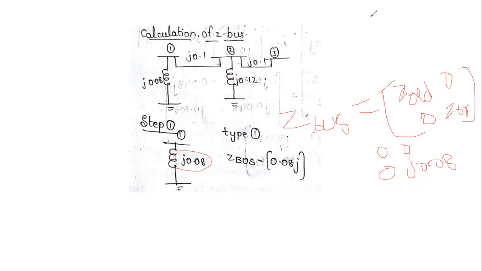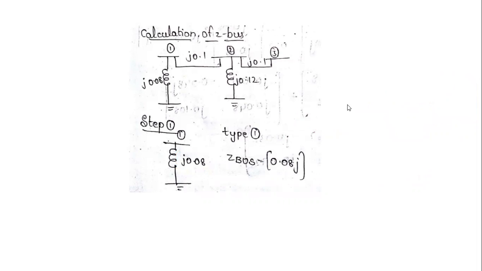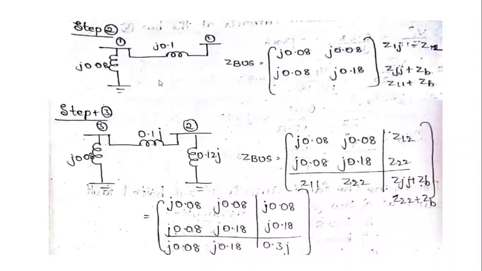After calculating the Z-bus for step 1, next we add the element between an old bus and a new bus. Old bus to new bus means it is a type 2 modification.